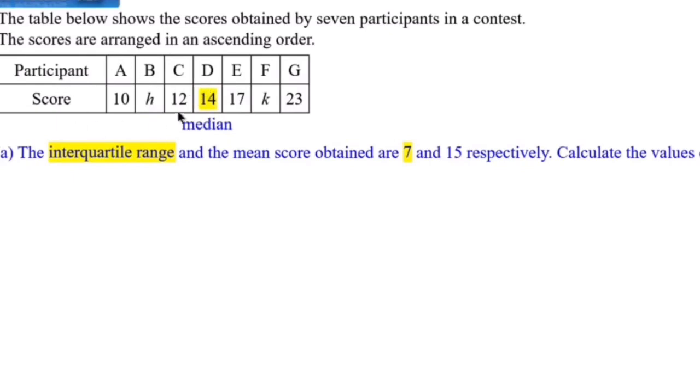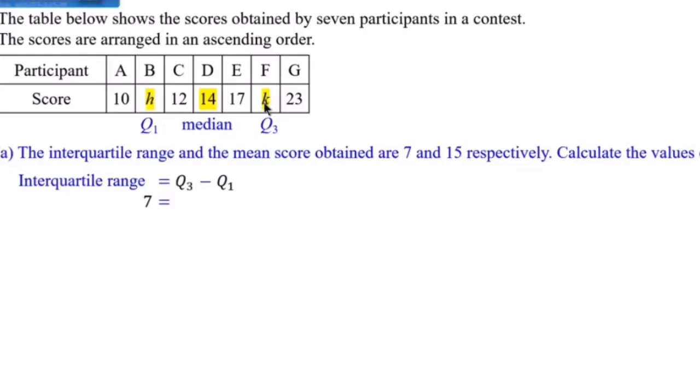Then we determine the third quartile, which is K, Q3. So the interquartile range was given 7 is equal to Q3, which is K, minus Q1, which is H.